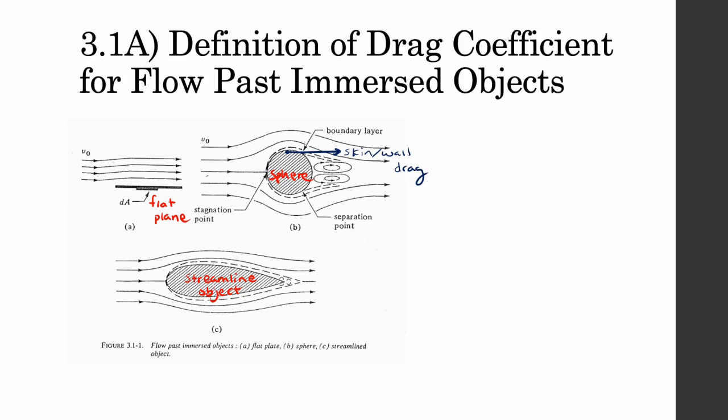And then we have another one right here that will change based off of the geometry of the shape. It will curve around, which will impose some acceleration and deceleration of the fluid on this object, which will help create more turbulence depending on the shape of this object. And this is what we call form drag.